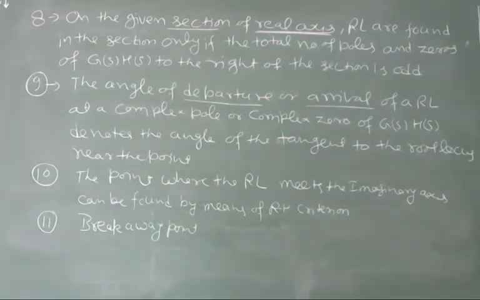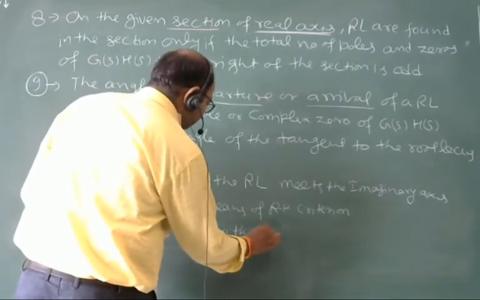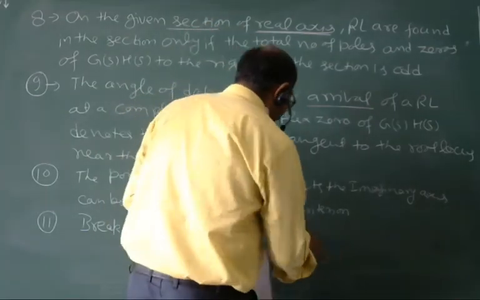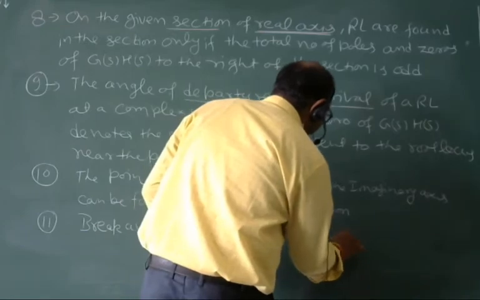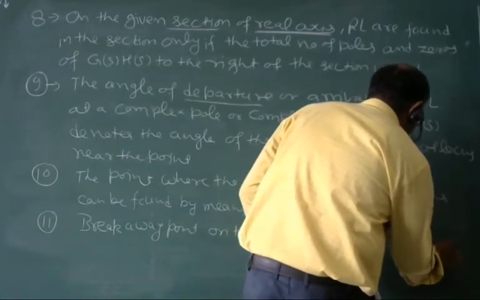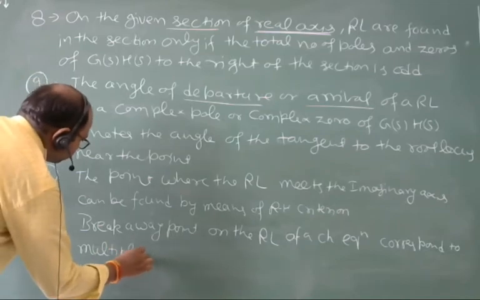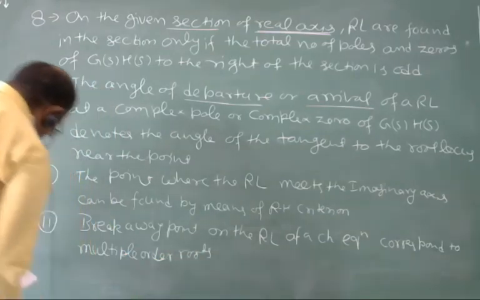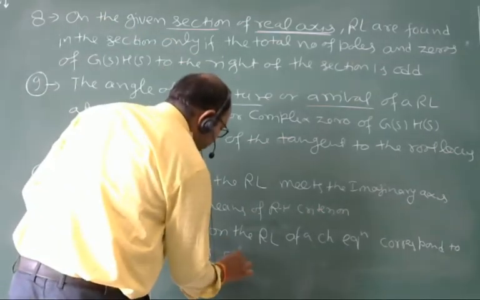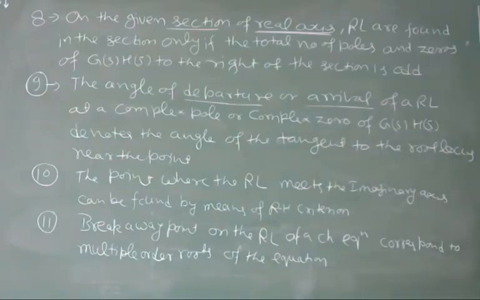It means the breakaway point must lie on the real axis, on the root locus of a characteristic equation, and corresponds to multiple order roots of the equation.